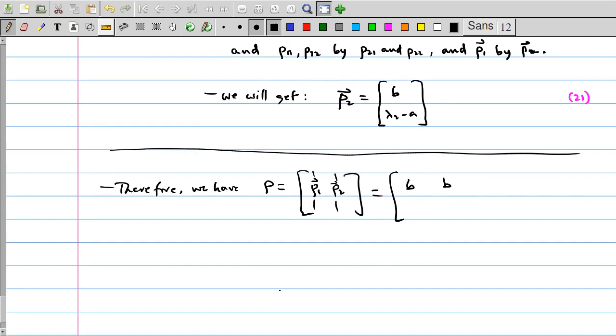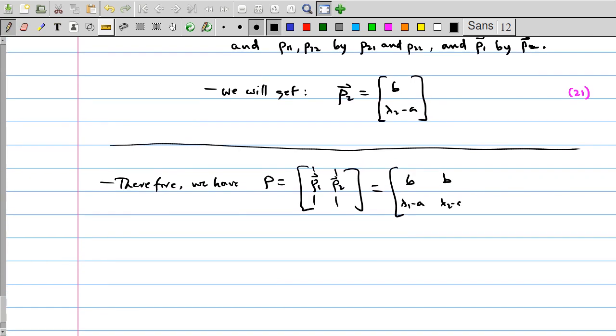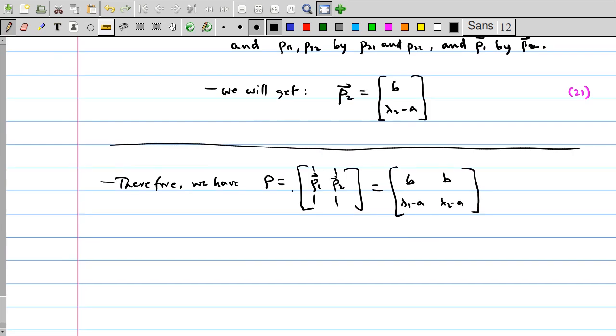Okay, BB, lambda 1 minus A, lambda 2 minus A. Let me just deal with this. Right, so that's P.